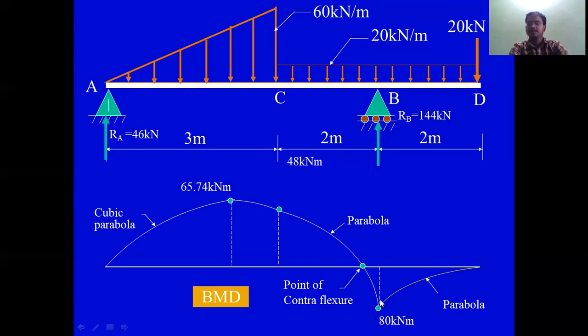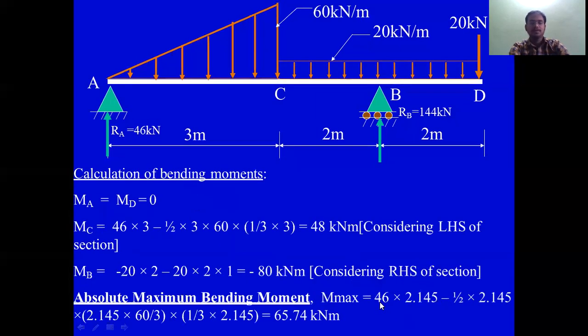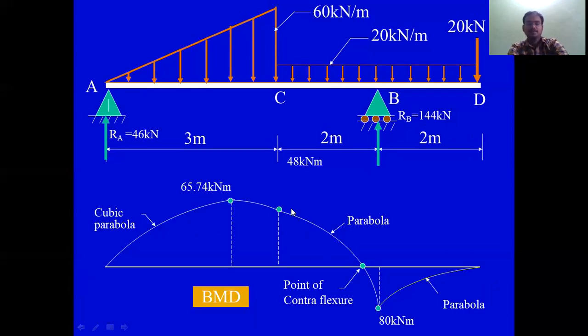Based upon the values that we got, at A and D it is 0, at C it is 48 kilonewton meter, but the maximum value is 65.74 kilonewton meter. This is a cubic parabola from here to here, under the UVL, uniformly varying load, whereas here it is parabolic.